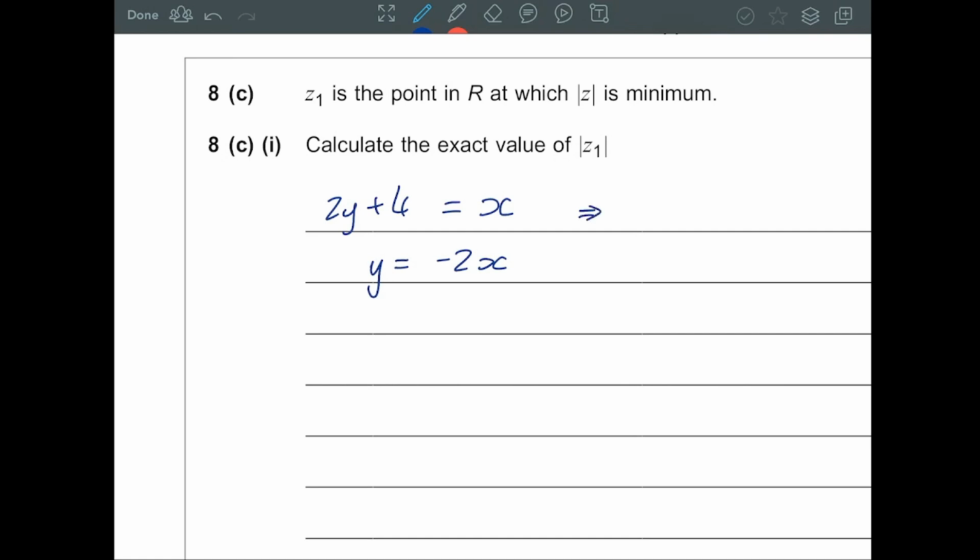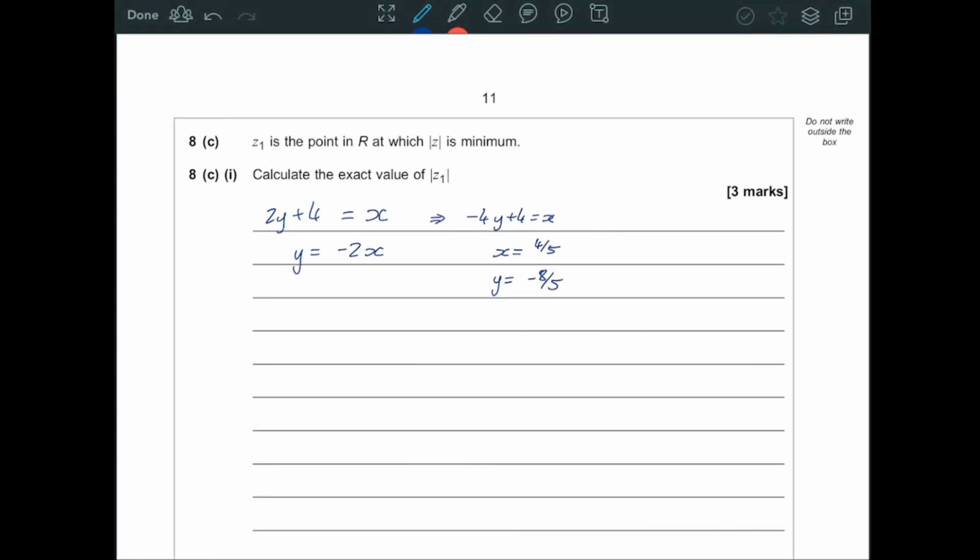So that's going to mean subbing the y in, minus 4y plus 4 equals x. So x is 4/5, and y is -8/5. So the z1, and I've actually answered the next part of the question, is 4/5 minus 8/5 i.